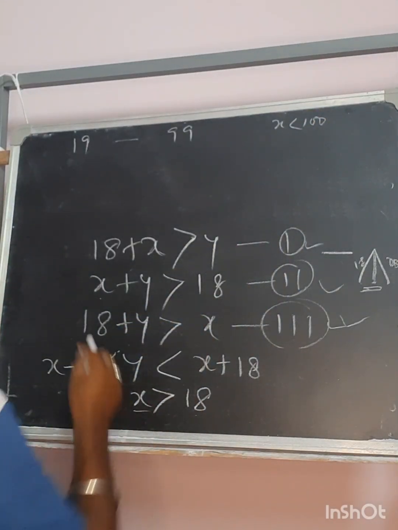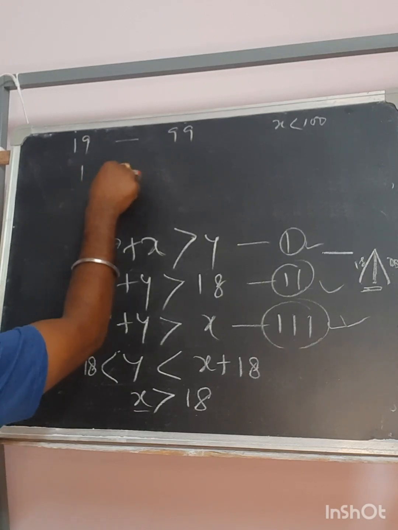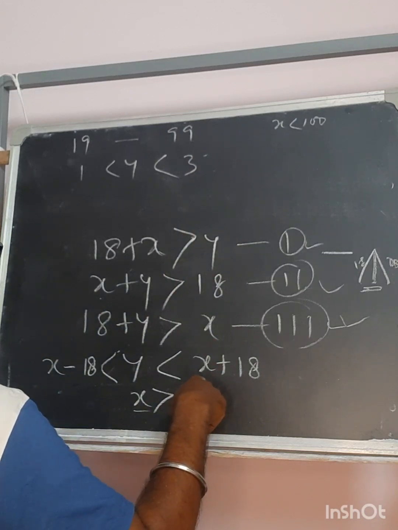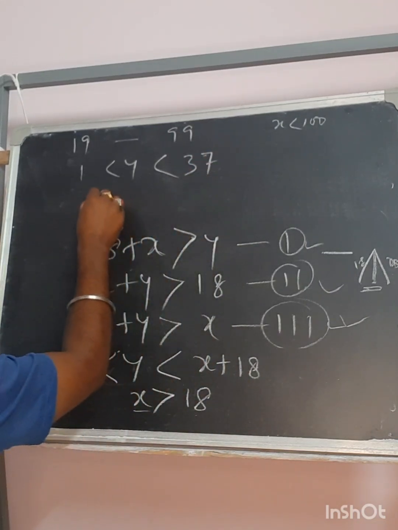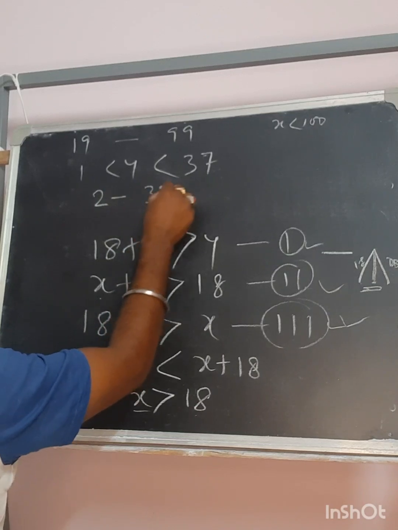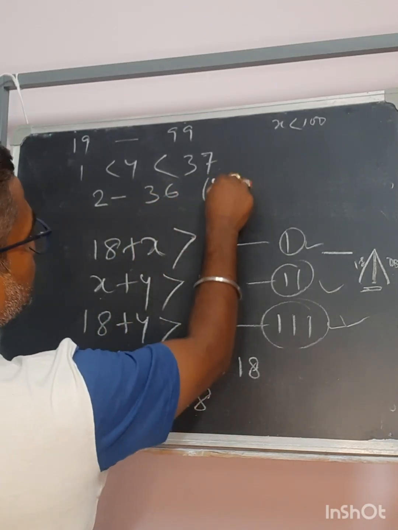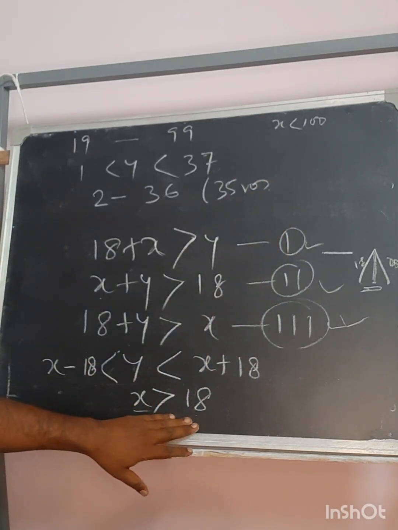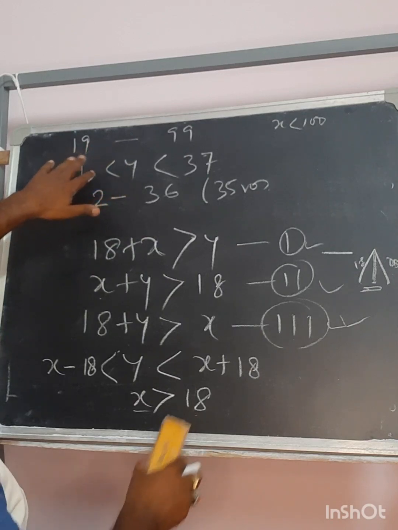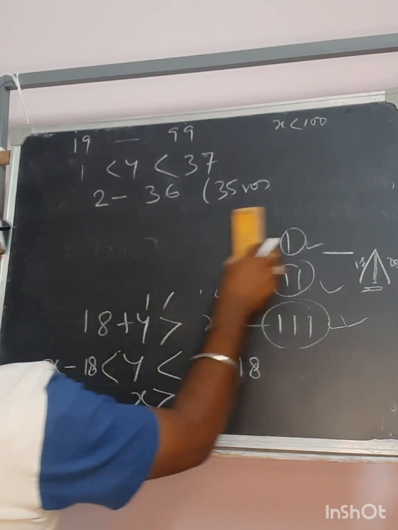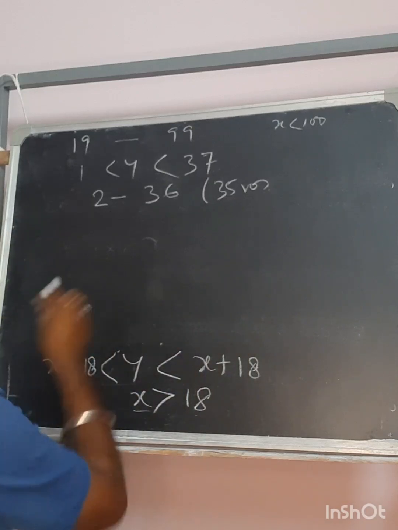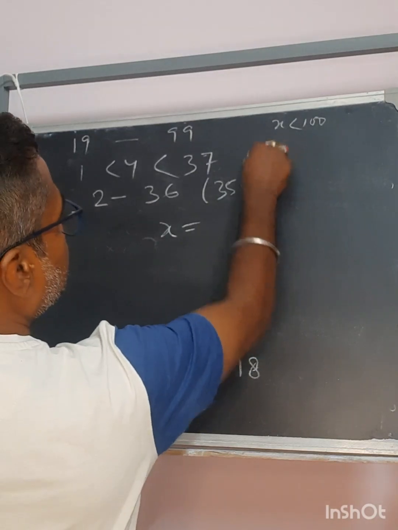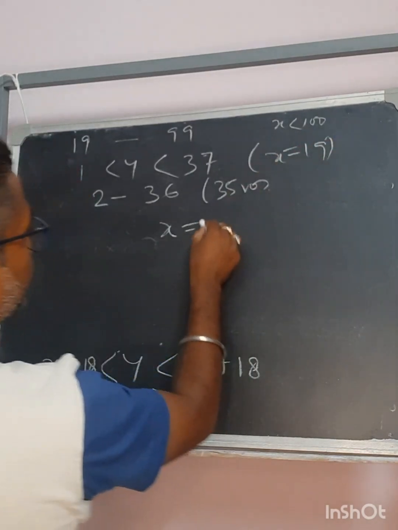So if I put x equal to 19, I will get 1 less than y less than 37, it is 19 plus 18. So the y value could be 2 to 36. So this will give exactly 35 numbers of solutions. Now let's see if I put another value of x, let's say the maximum value, x equal to 99.